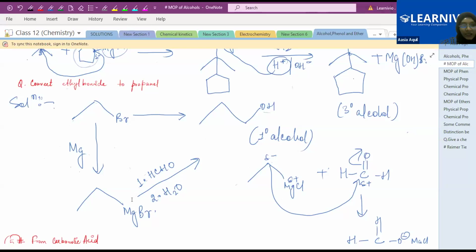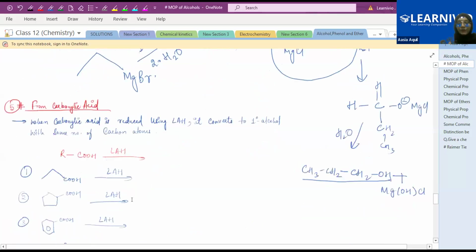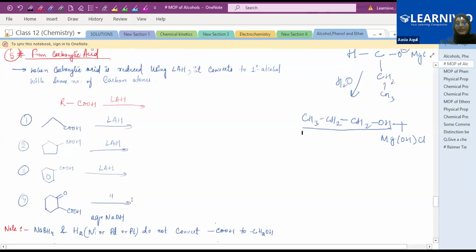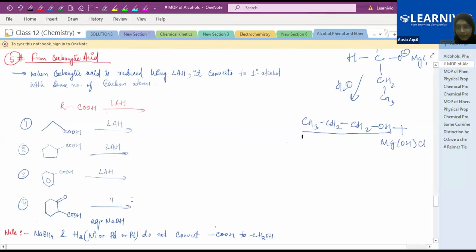Okay, so the next method of preparation is from the carboxylic acid. We have done the preparative methods from the carbonyl compounds. Now it's from the carboxylic acid. How can we prepare the alcohol from a carboxylic acid? Carboxylic acid is reduced by a strong reducing agent, like lithium aluminium hydride, the strongest reducing agent.